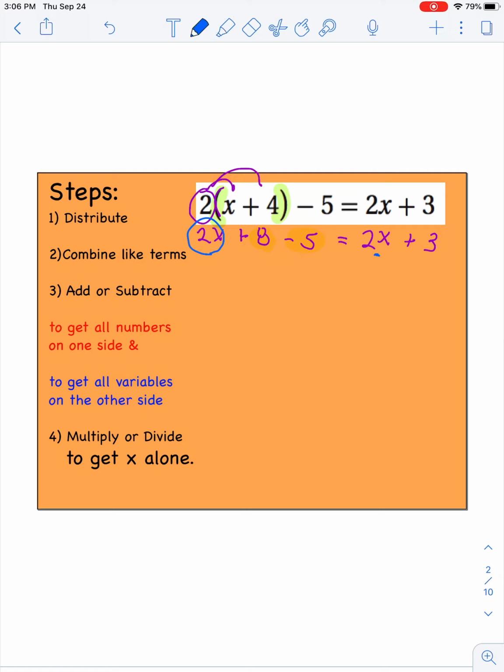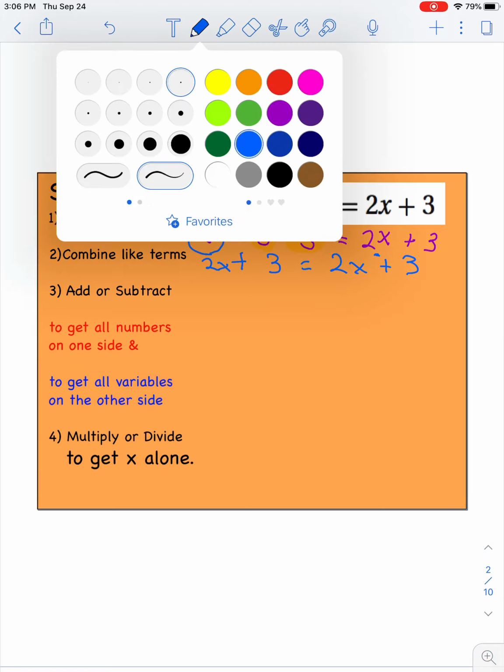Those are like terms. So 8 minus 5 is going to give me 3. So now I have 2x plus 3 on the left side of the equation, and I have 2x plus 3 on the other side. Hey, wait, do you notice that those are the same? What does that mean? Well, let's just keep going.